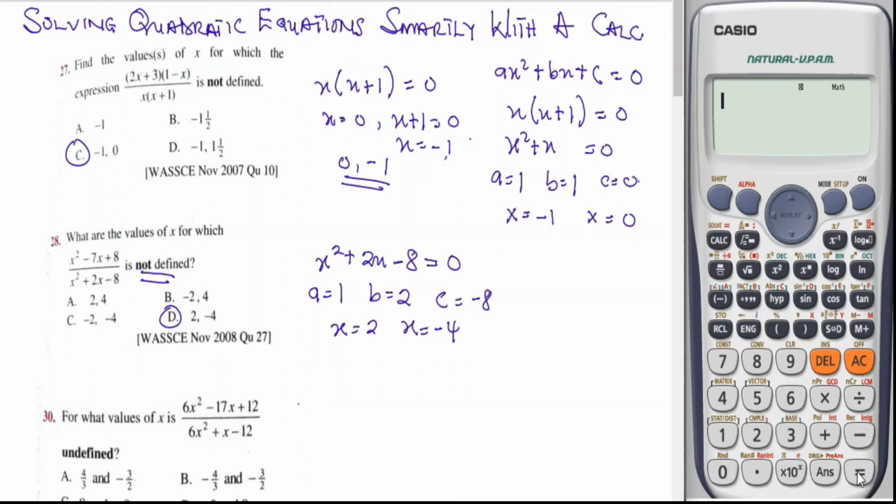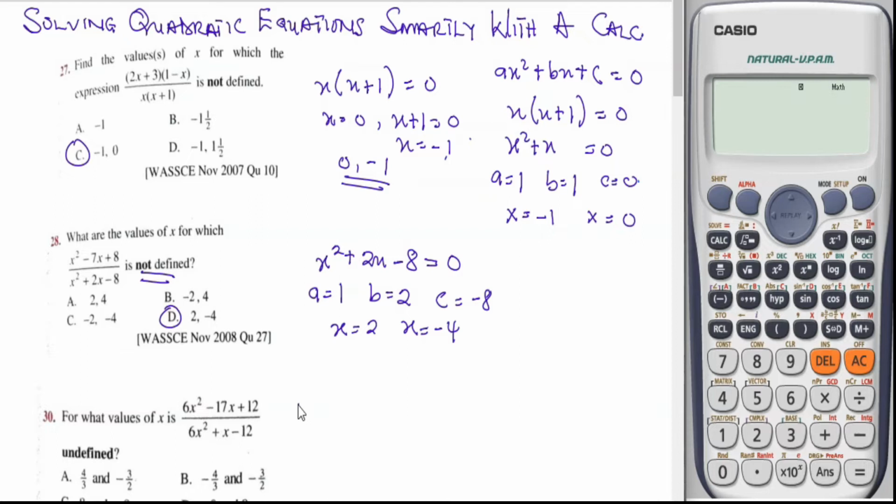So moving on to our next example, we have: for what values of x is 6x squared minus 17x plus 12, all divided by 6x squared plus x minus 12, undefined? So it's also equally a rational function for which we need to consider the denominator and solve for the value of x at the denominator.